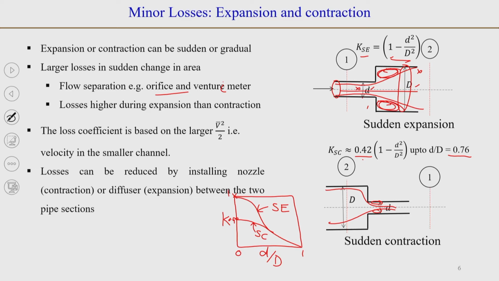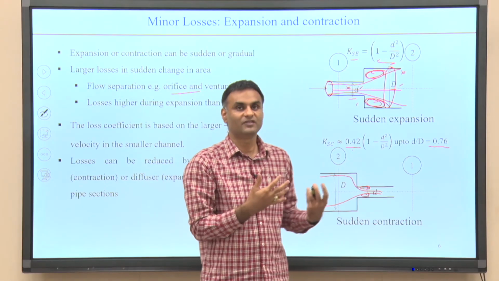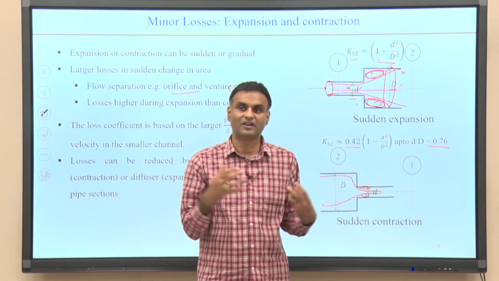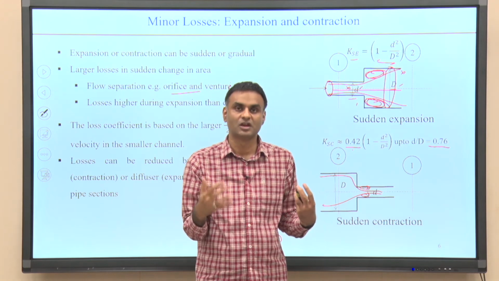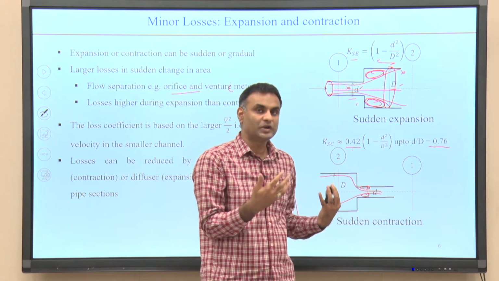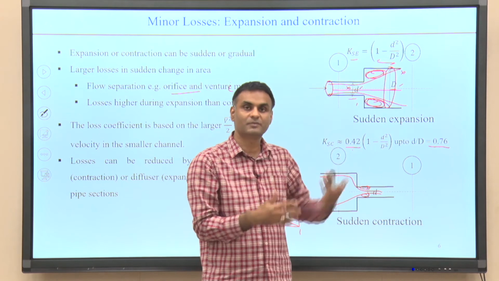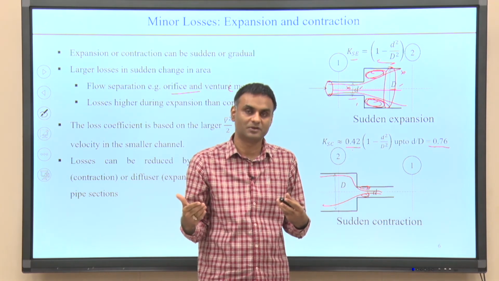The other thing to remember is, because we have two diameters here, small d and capital D, the diameter of the smaller pipe and the diameter of the larger pipe, we will have a dilemma when we calculate minor losses: which V to take, V in the small diameter pipe or V in the larger diameter pipe.